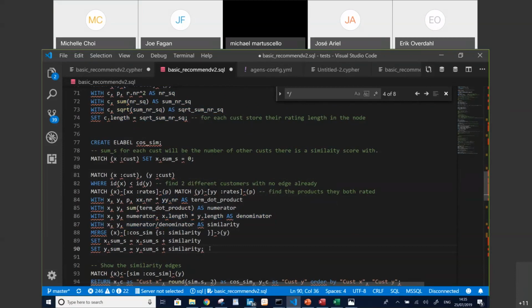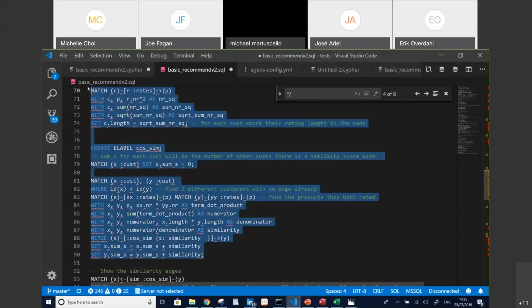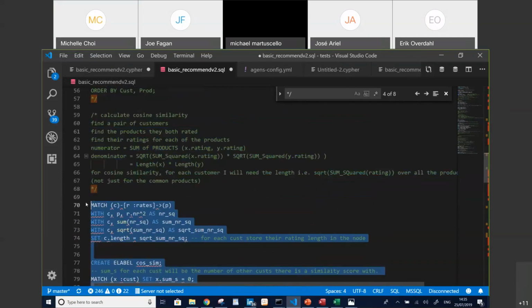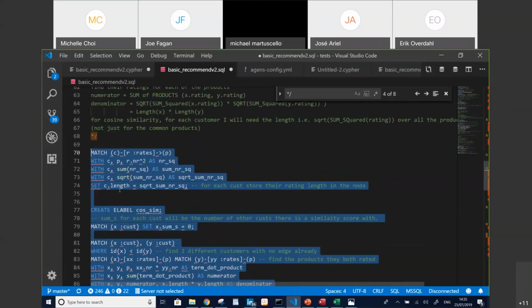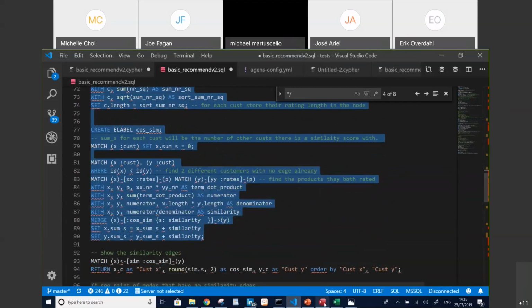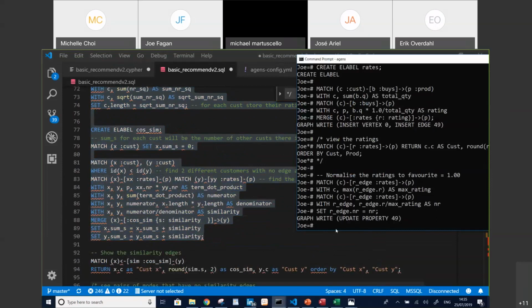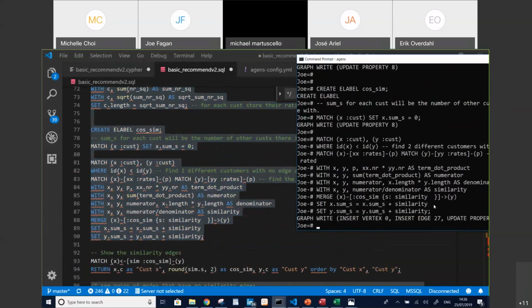So if I do all of this, I will create the similarity. Okay, so let's do all of this, and then I should have my similarity matrix. Right, and now I have 27 similarities. So I've inserted 27 edges.